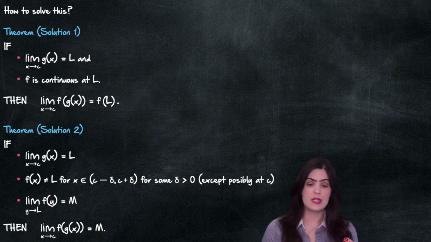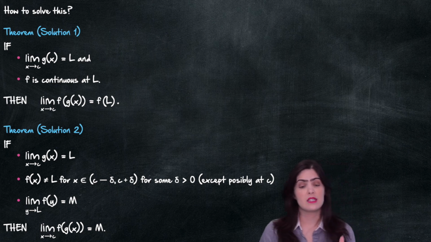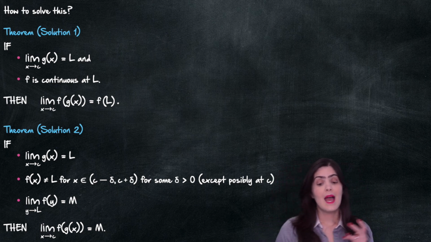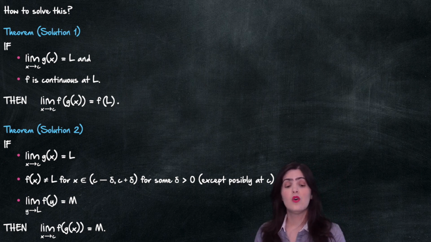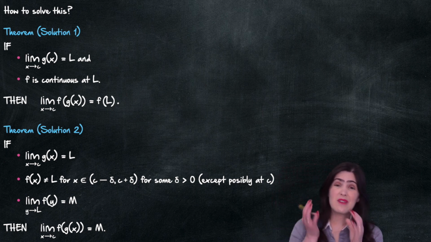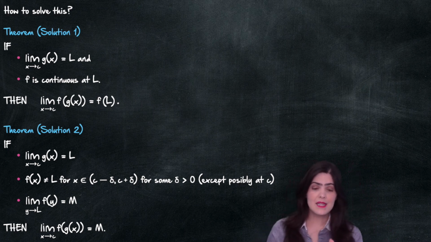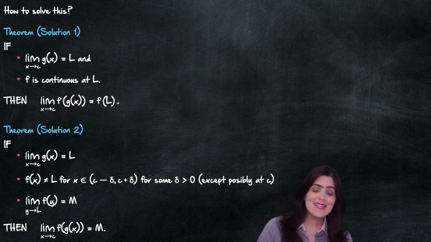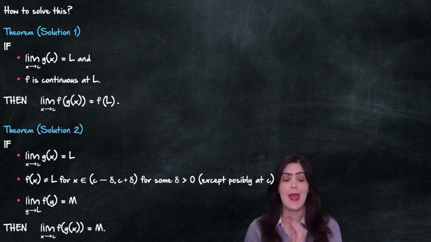The other solution is that, if I say that the limit as x approaches c of g of x is equal to L, and that g of x is different from L for x around c except possibly at c, and I know that the limit as y approaches L of f of y is equal to m, then the limit of the composition f of g of x is equal to m.